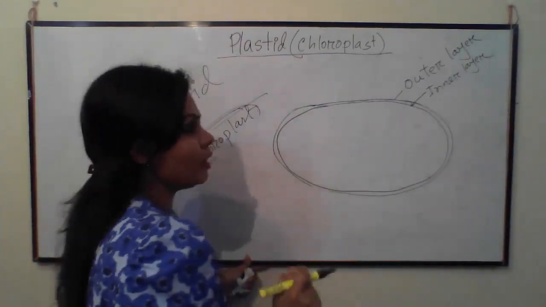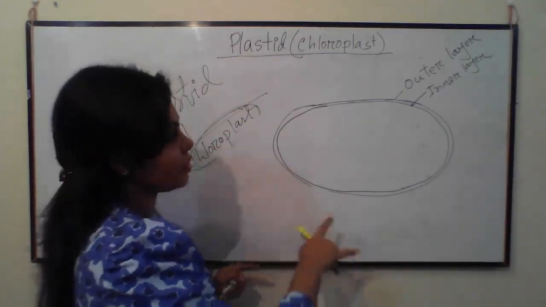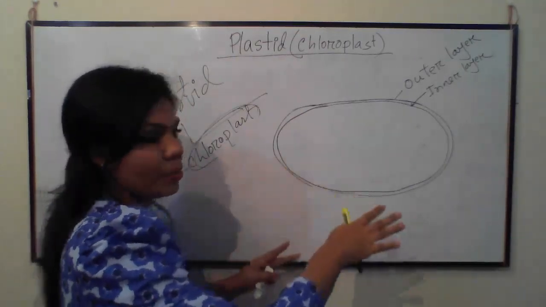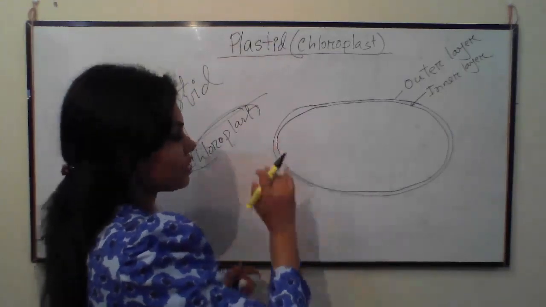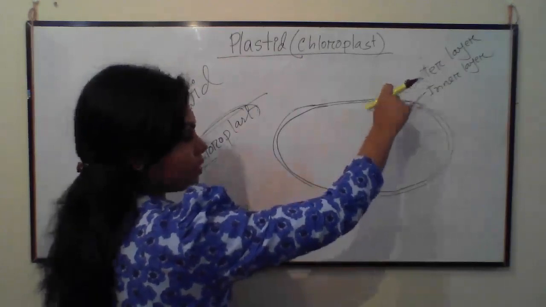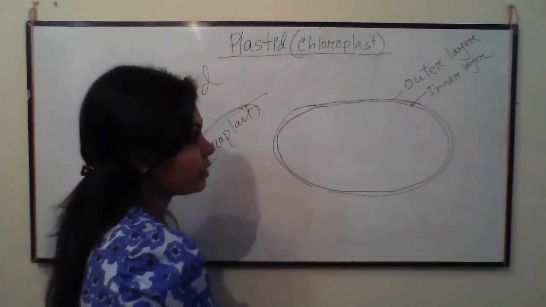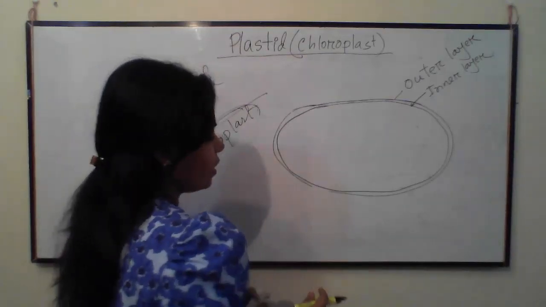The first structure is the membrane. What type of membrane? Each chloroplast is surrounded by a double layer membrane. This is the outer layer membrane, and that is the inner layer. And then, what are these?